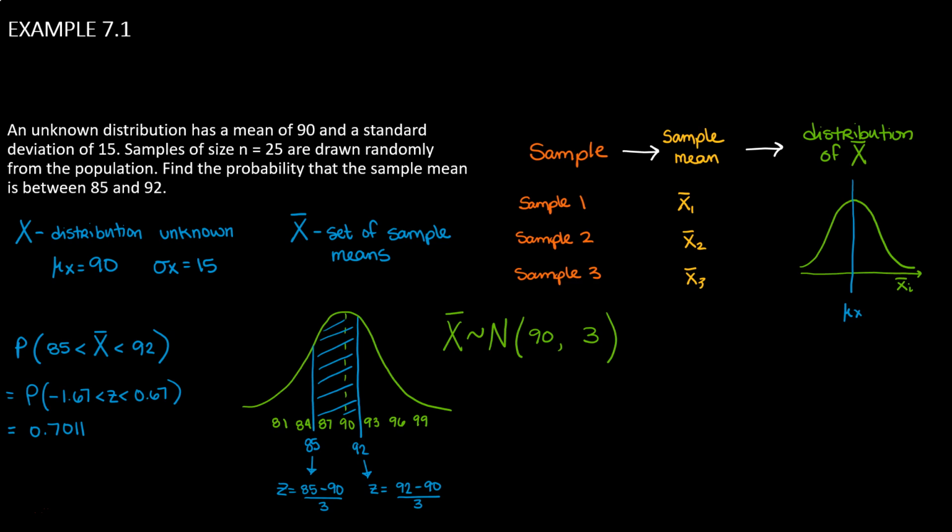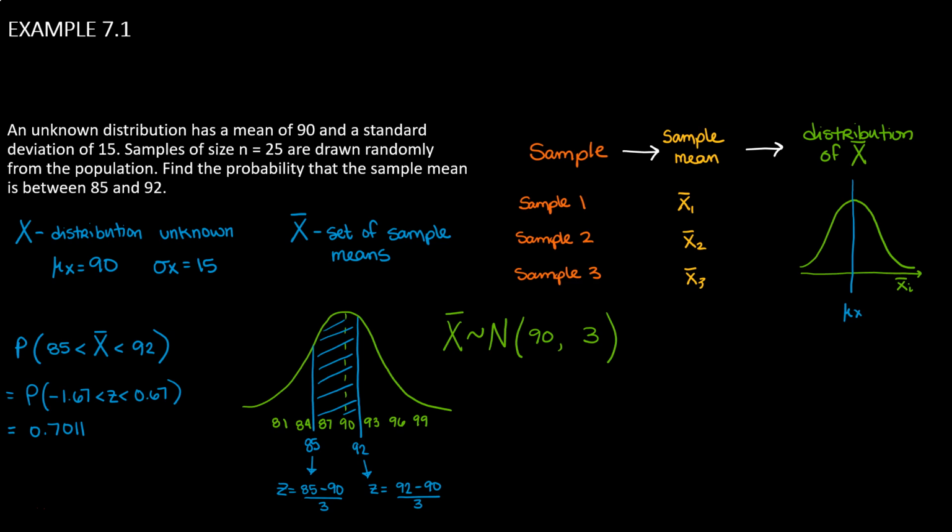Now these problems will feel very similar to the problems where we were just calculating area under a normal distribution. The main thing that's different here is that we're being given information about a random variable, x, but then we're answering questions about a different random variable, x bar, the set of sample means. We'll have to very carefully read through these question prompts because sometimes it's easy to overlook small details like the phrase sample mean.